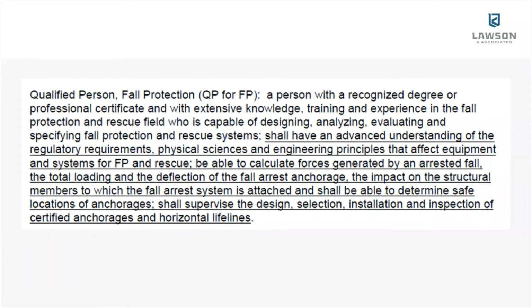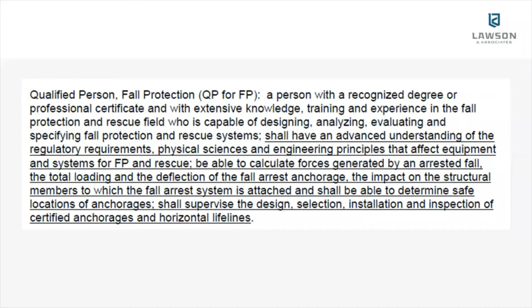Same thing, qualified person for fall protection in EM 385 has really adopted the ANSI Z359 standard, and these are industry consensus standards that are best practices, recognized and current, versus OSHA, which is pretty generic and standard and hasn't been changed in a long time, as I mentioned earlier.